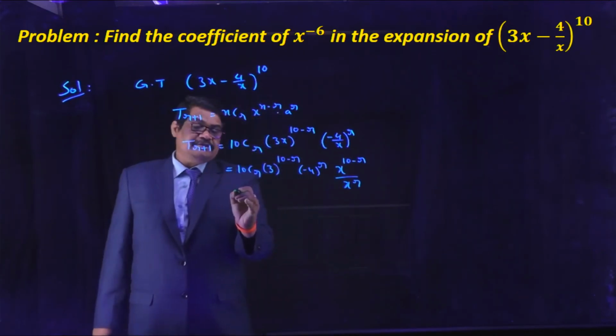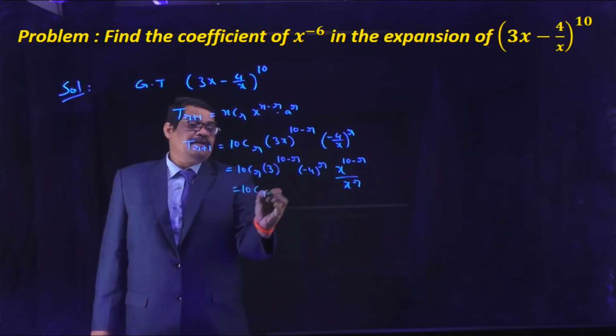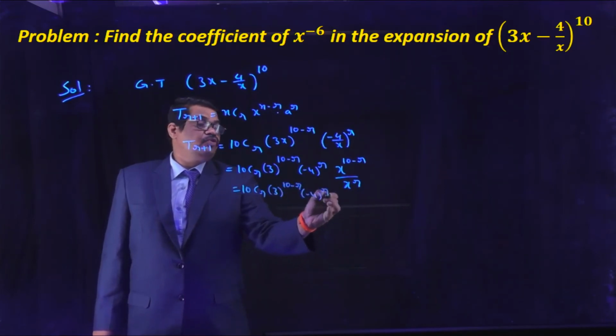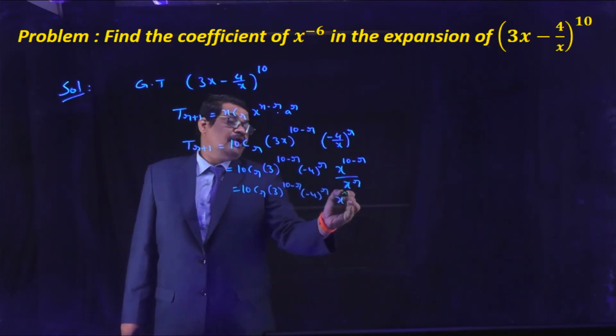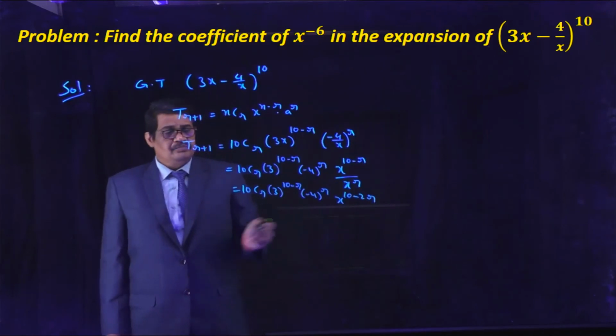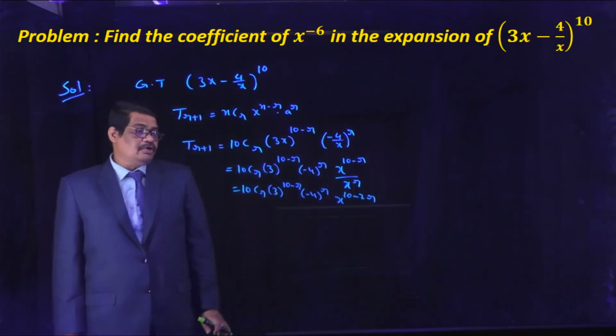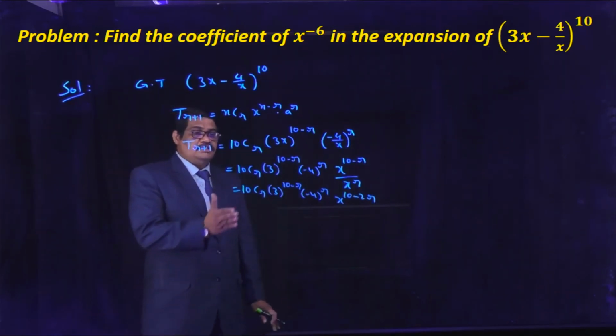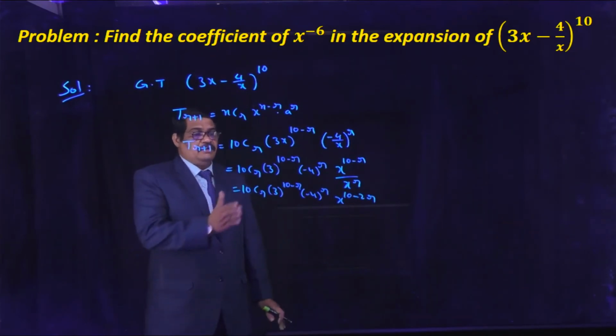So that is 10Cr 3 to the power of 10 minus r, minus 4 to the power of r, into x to the power of 10 minus r minus r, that is minus 2r. That is x to the power of 10 minus 2r. That is, the power of x is 10 minus 2r.